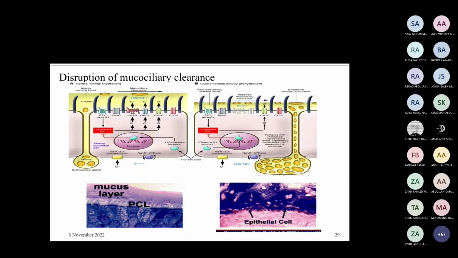So what happens when there is a problem with this mucociliary layer? As I said, when you have a CFTR problem, then the amount of periciliary fluid decreases because there is no water secreted. So the cilia become exposed to the mucus and are destroyed, and the mucus becomes very near to the surface area.